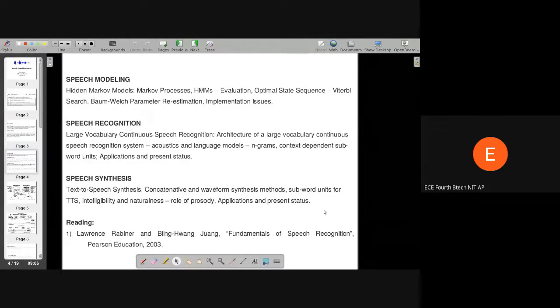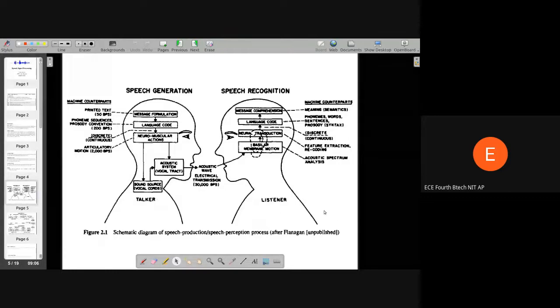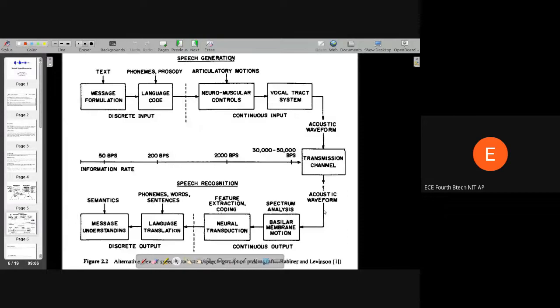We started with the psychoacoustic process of speech production and speech perception, where a better diagram is this: we have a message formulated in our brain that we want to convey, and that becomes coded into sound units.